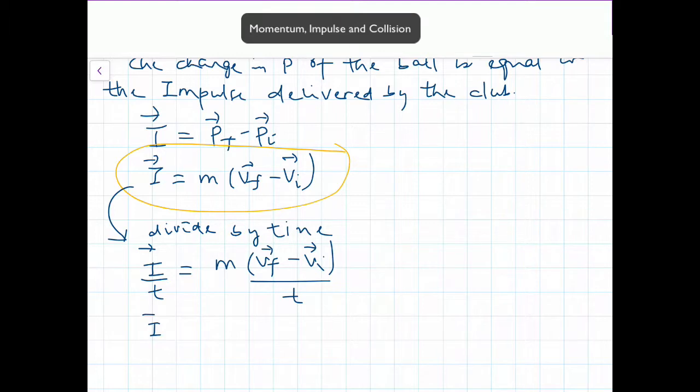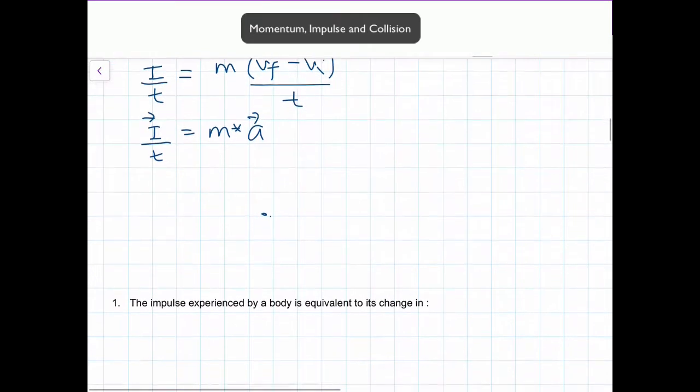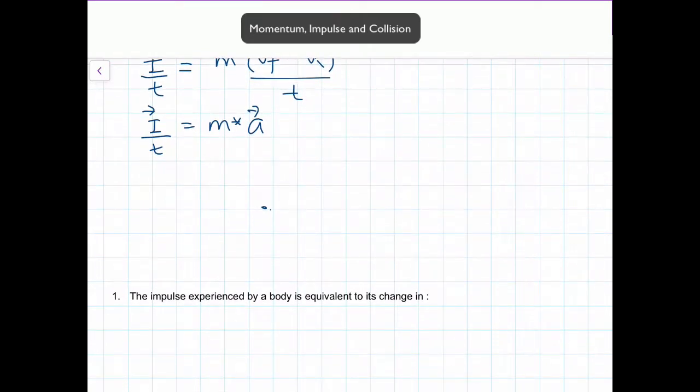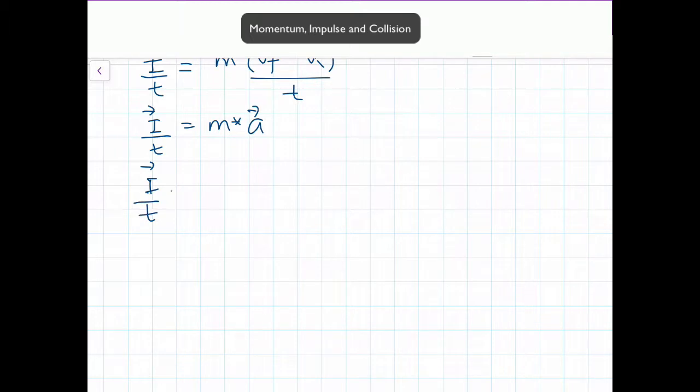So therefore I over t equals mass times acceleration. But what is mass times acceleration? It's just Newton's second law. Try to remember Newton's second law. As a result, I over t will result in net force.